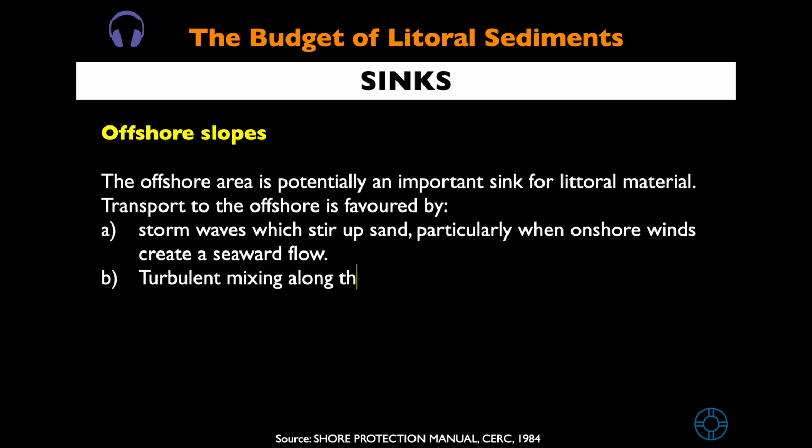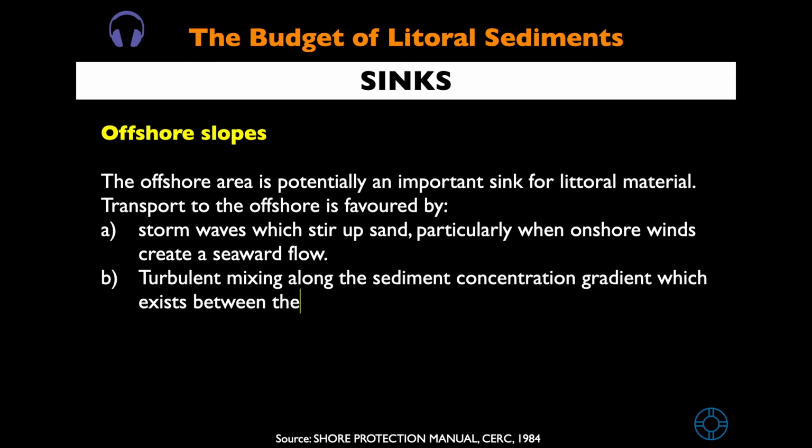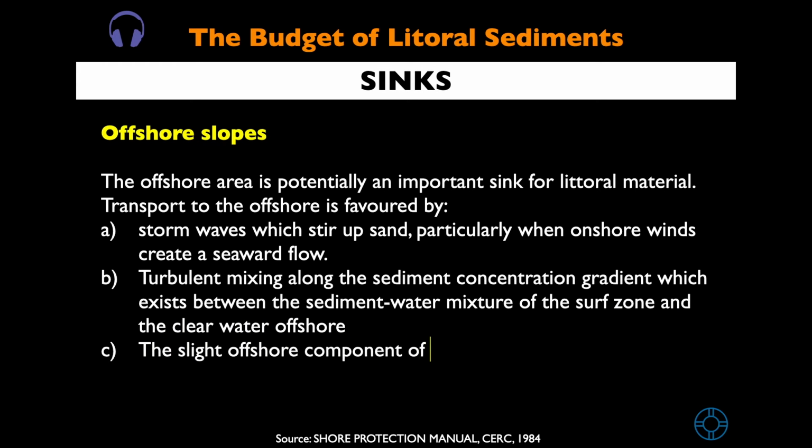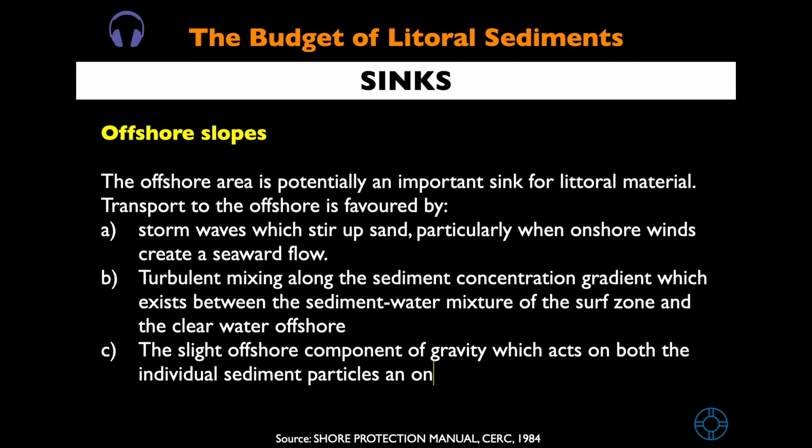B. Turbulent mixing along the sediment concentration gradient which exists between the sediment-water mixture of the surf zone and the clear water offshore. C. The slight offshore component of gravity, which acts on both the individual sediment particles and on the sediment-water mixture.